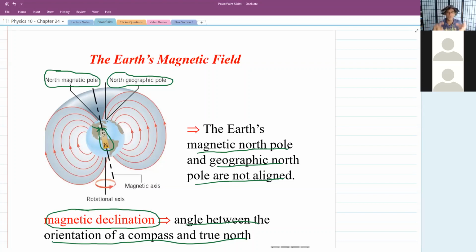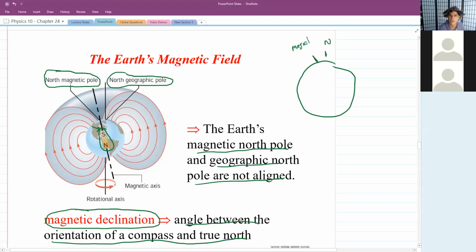But right now, in our time, 2020, this is the way the Earth's magnetic field is lined up: here's true north, here's magnetic north, which means this is the direction the north pole of a compass would point.